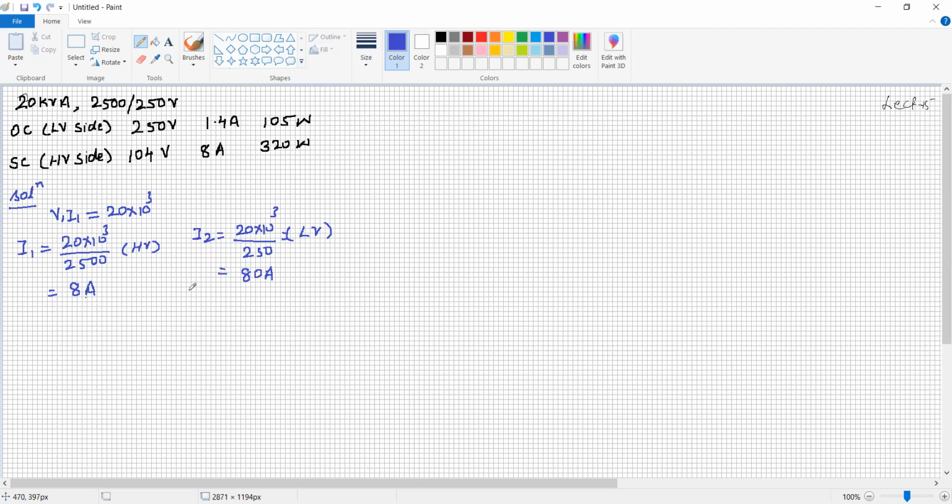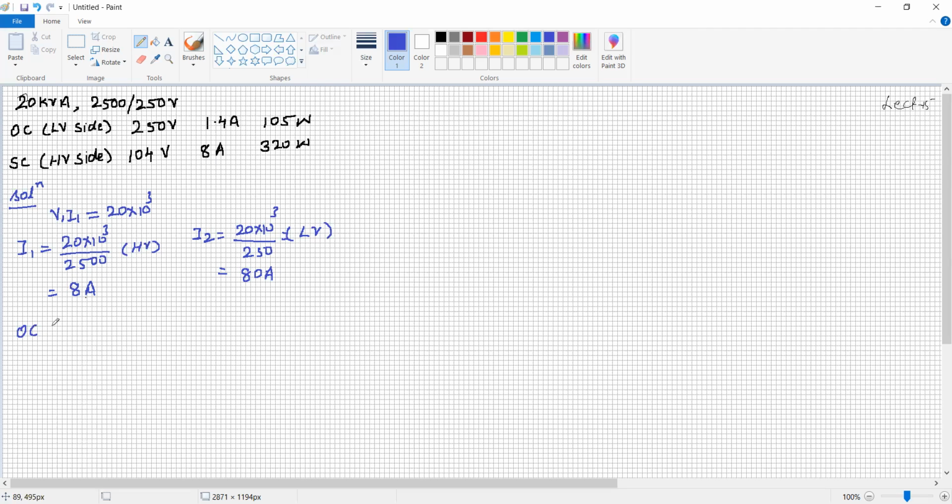So LV current is more and HV current will be smaller. This is only for our reading. It means that the short circuit test is conducted on full load condition.